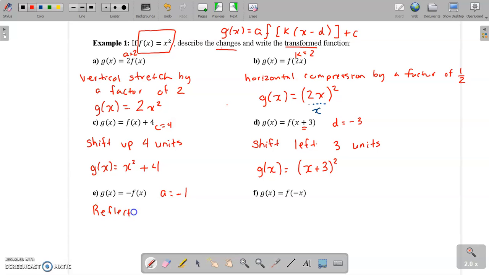So all the original y values are essentially multiplied by negative 1. Reflection through the y. No, the x-axis. And if we were to write the transform function, then g of x will be equal to negative x squared.